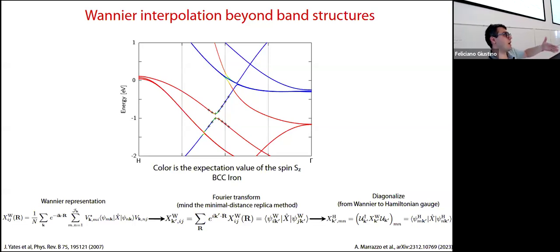So you can interpolate Sx, you can interpolate Sy, you can interpolate Sz. There's nothing that prevents you, as long as you can calculate it as the expectation value among Bloch states. And this is k-local, so it depends just on k, or, as with the spin, it doesn't even depend on k itself. You can do that.